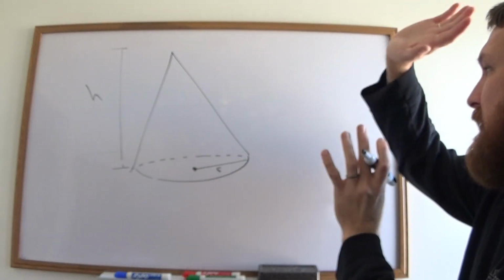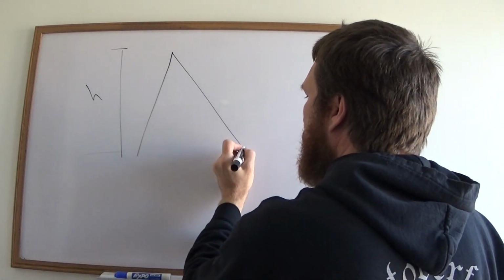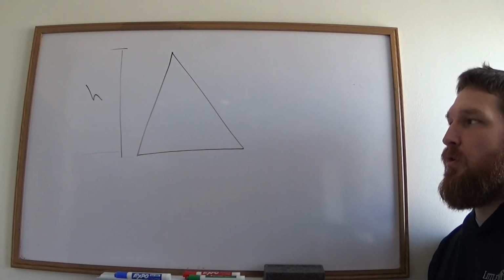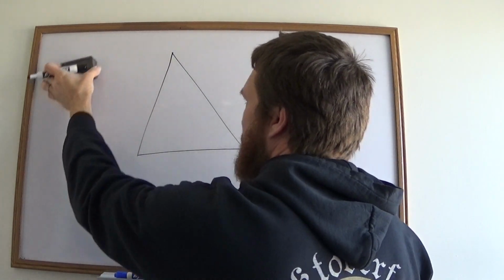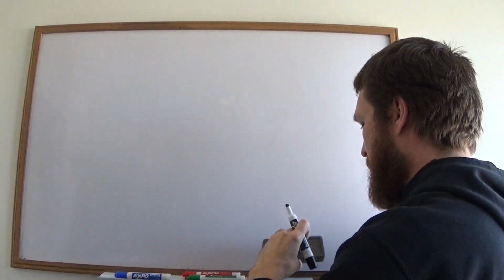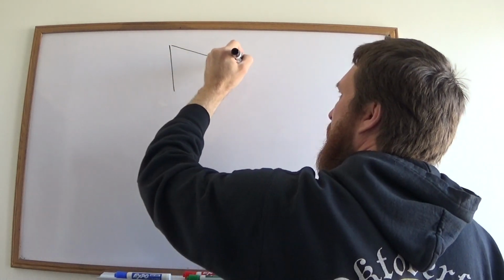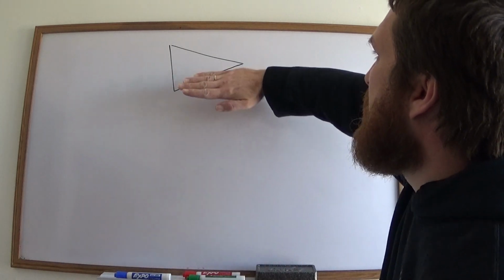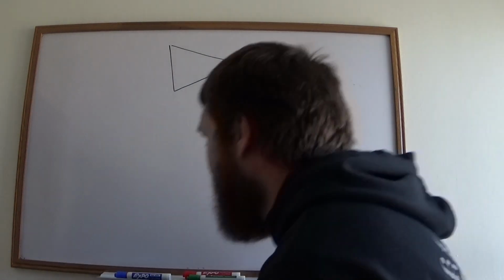But let's imagine that we're looking at it flat. If you're looking at it flat, it would look like this. There's a bunch of ways you could orient this thing if you need to find some of its properties. One of the ways you could orient it is this way, and in that case, you could put axes anywhere.